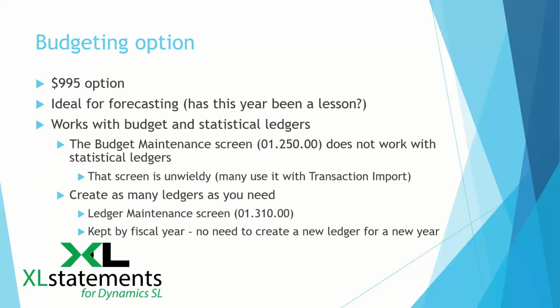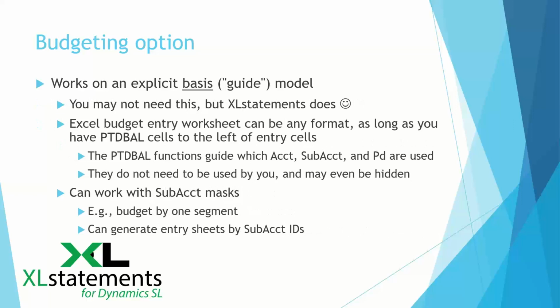So there's no reason to go create a budget 2020 and then a new ledger ID called budget 2021, because if you just call it budget, you can go and get it by year. So it's already keeping them by year for you. And there's a ledger maintenance screen in the GL module if you didn't know about that.